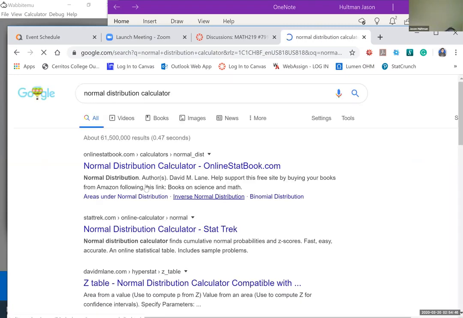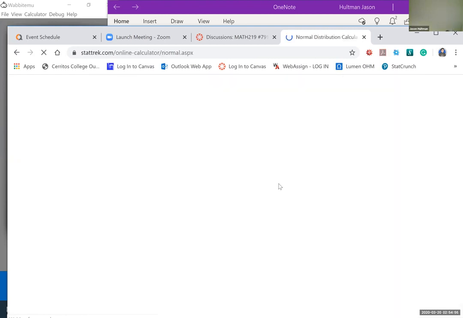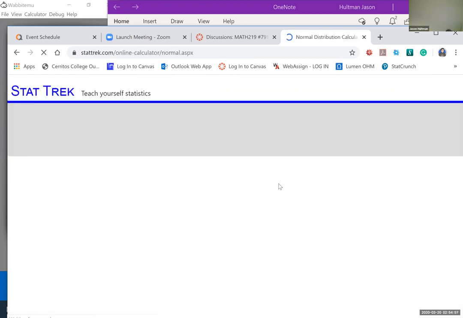Okay, so this one finds cumulative normal probabilities and z-scores fast and easy. I don't know if this is one that works, but you can research it.